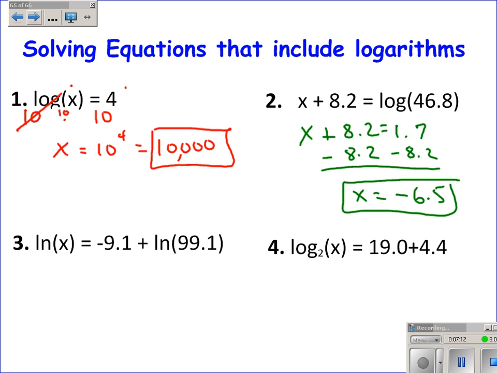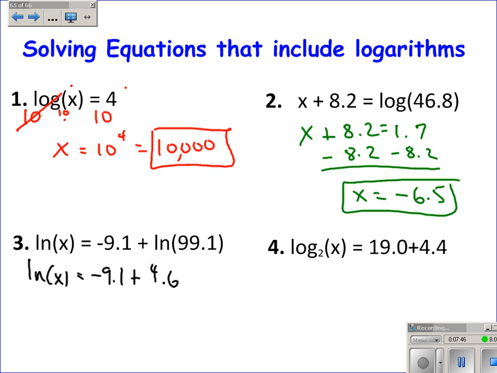Okay, this one with natural logs where the base is e. Now, the natural log of 99.1 is just a number, so ln 99.1, plug that in. So I have ln of x is equal to negative 9.1 plus 4.596. You know, I should do to 1 decimal place because 9.1 is 1 decimal place, so 4.6 then.